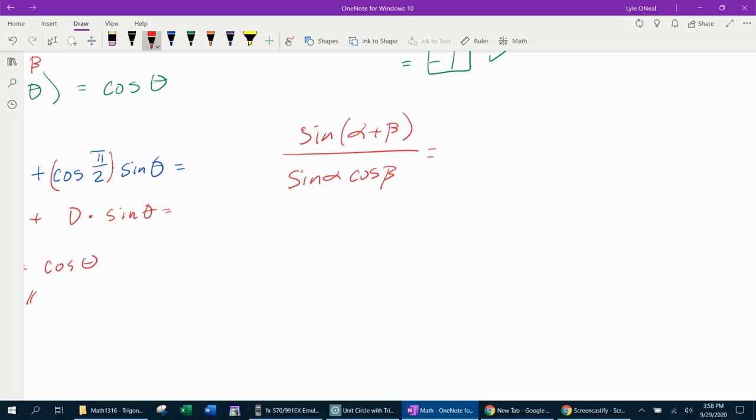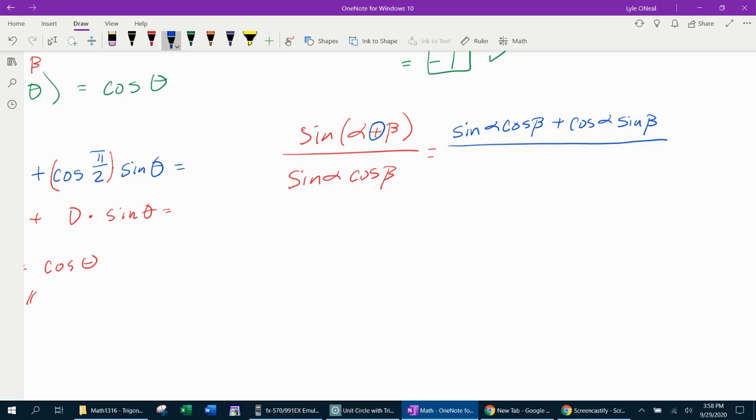So in this case, we're going to apply a sum or difference formula. Here it's going to be a sum formula, sine of alpha plus beta. And that is sine alpha cosine beta plus cosine alpha sine beta all over the common denominator.